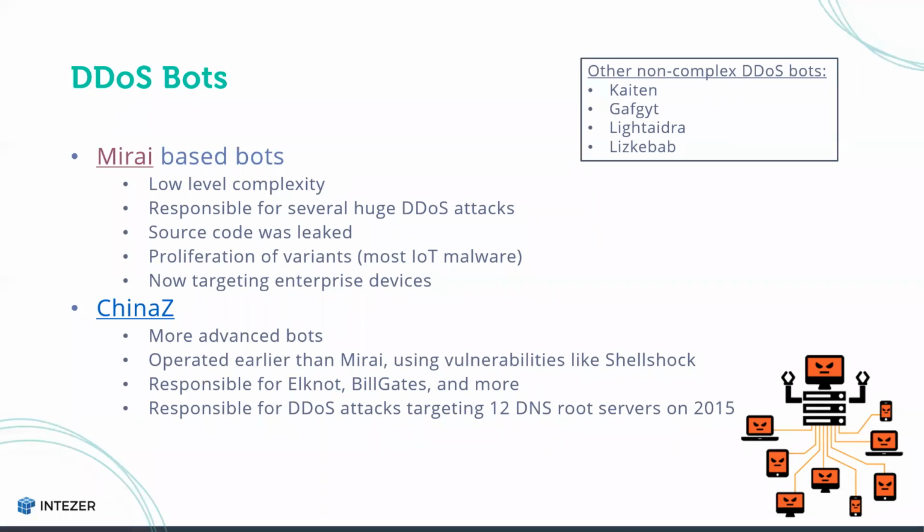I know a lot of researchers who literally gave up because they put in lots of effort to shut down a specific server or whatnot, and the next day they have a completely different infrastructure hosted in China. So that's mainly why Chinese groups are very, very hard to remediate.